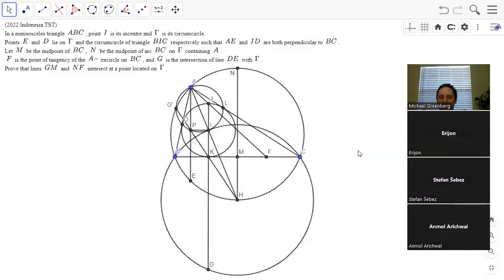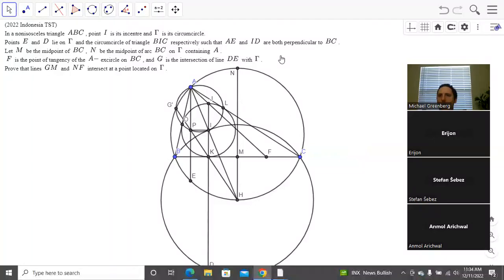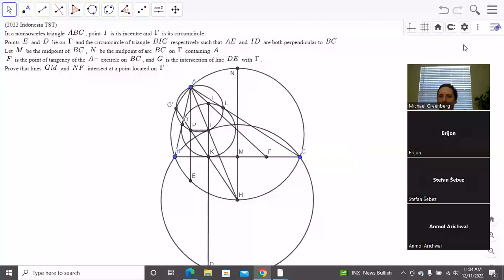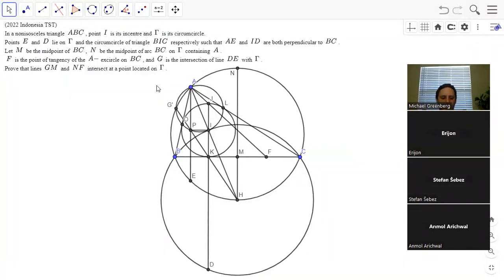Besides this problem, or just another problem in general? Let's try to finish this one first, just because I don't want to start another problem because I feel like we're really close.